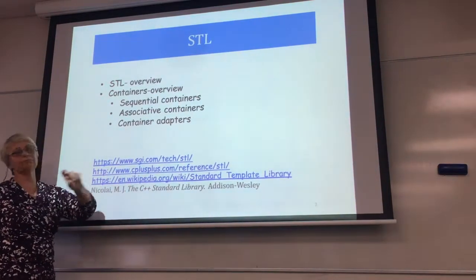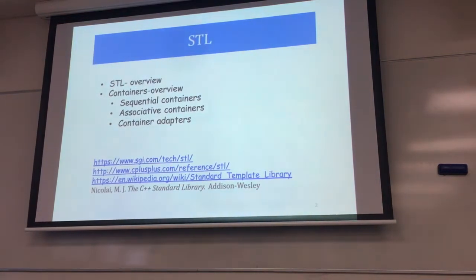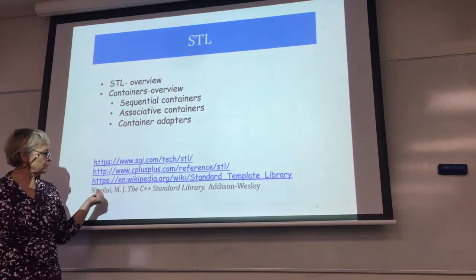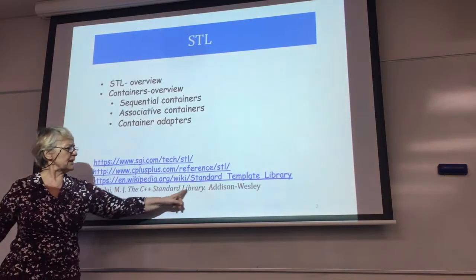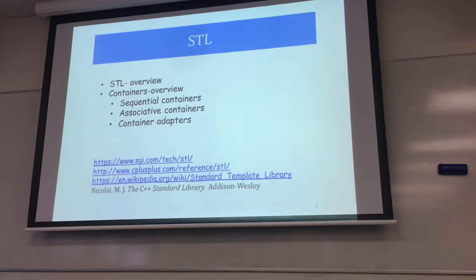And there is a book of, roughly speaking, 1,000 pages, Nicolai Josuttis's The C++ Standard Library, which was published a while ago, and he has updates on his website. But he has a lot of code examples. If you ever need to go into more details, please try to have a look at his explanations.